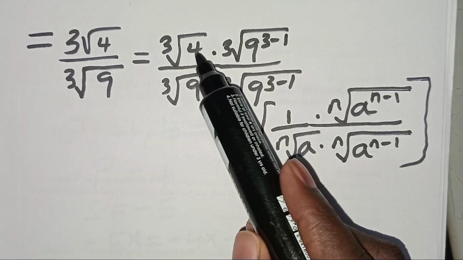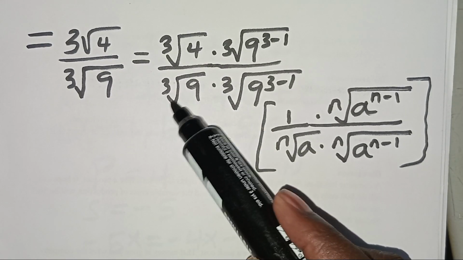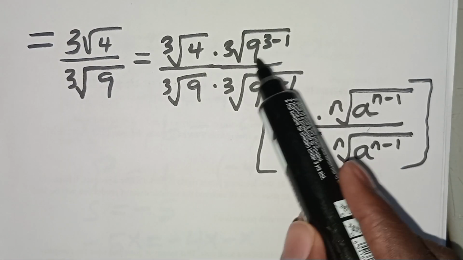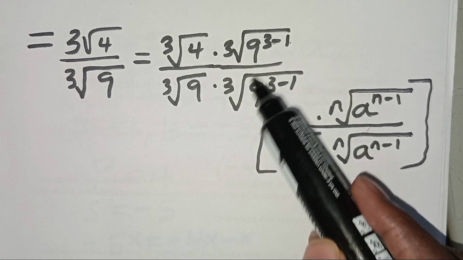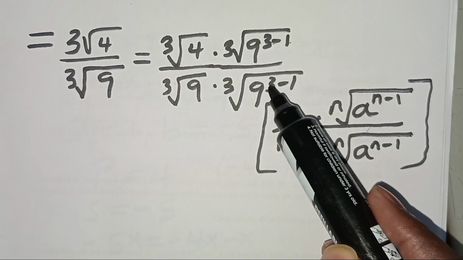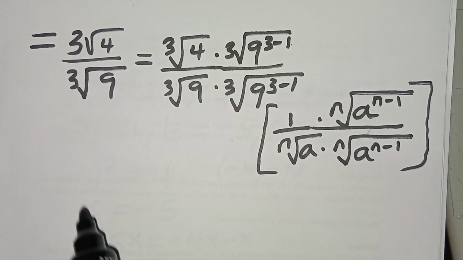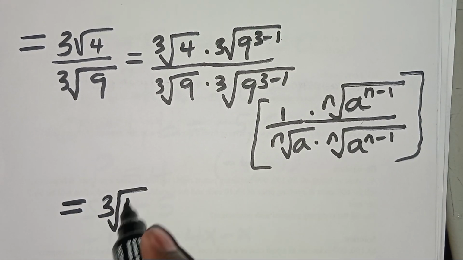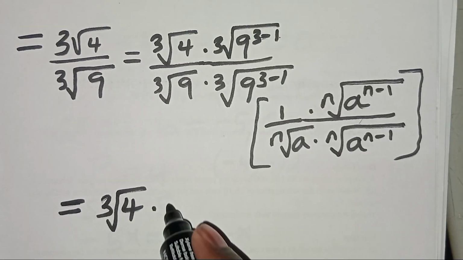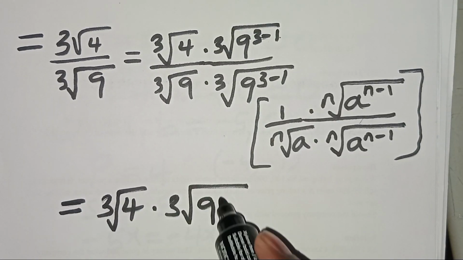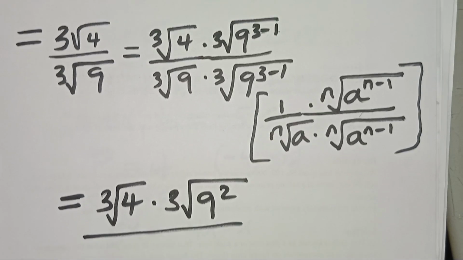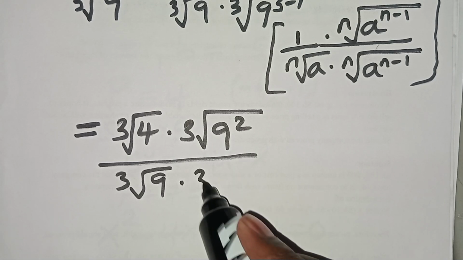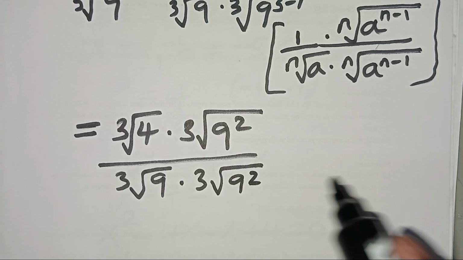In the numerator, we multiply by the cube root of 9 to the power n minus 1, where n is 3, so this is 3 minus 1, divided by the cube root of 9 to the power 3 minus 1. This is the same thing as the cube root of 4 multiplied by the cube root of 9 to power 2, divided by the cube root of 9 multiplied by the cube root of 9 to power 2.